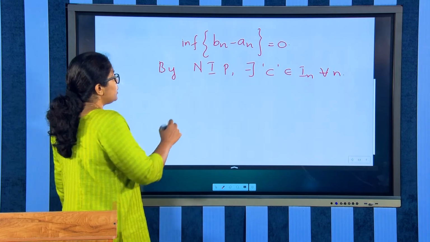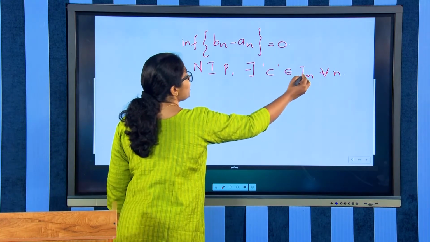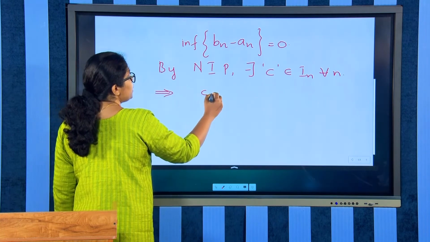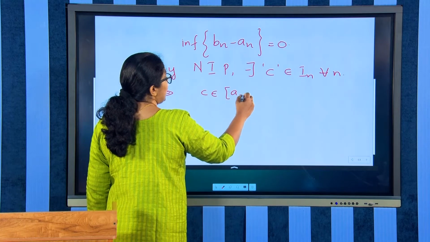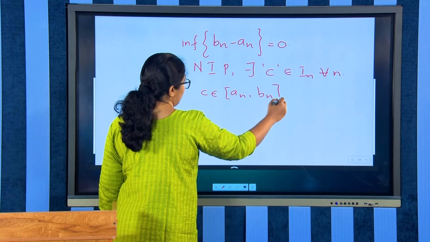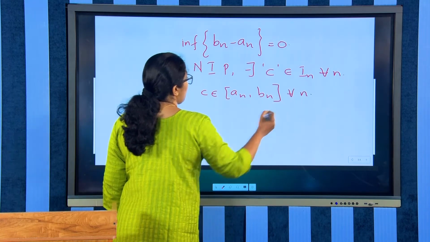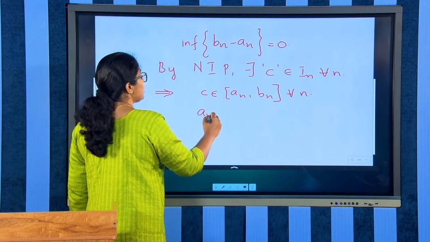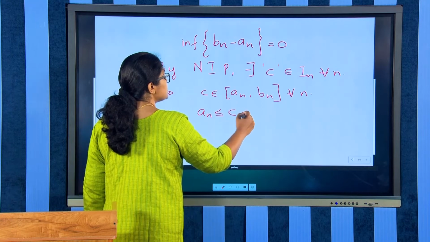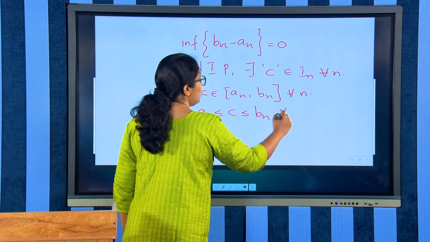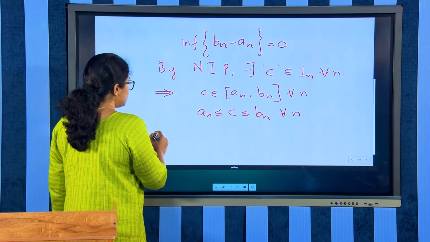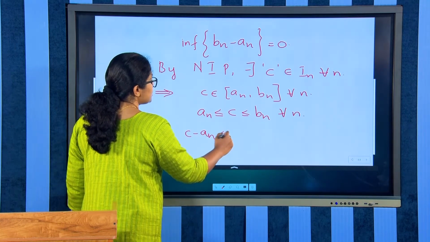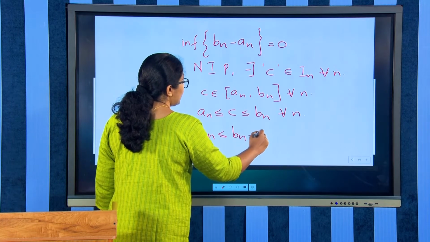And so C belonging to In for every n indicates that C belongs to the closed interval [An, Bn] for every n. Or mathematically, An is less than or equal to C less than or equal to Bn for all n, which indicates that C minus An is less than or equal to Bn minus An.